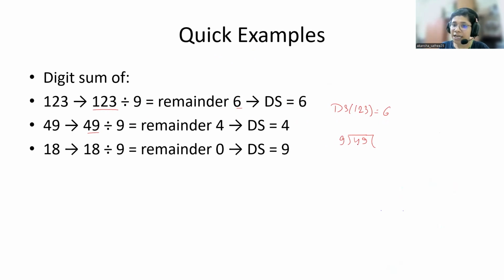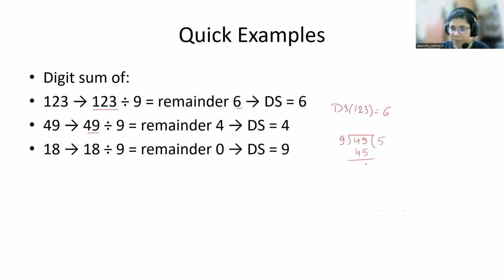How many times can you do it? I hope you all know how to do this division. Divisibility and all we are done with. So I guess 4, not 4, it is 5. So it is 45.